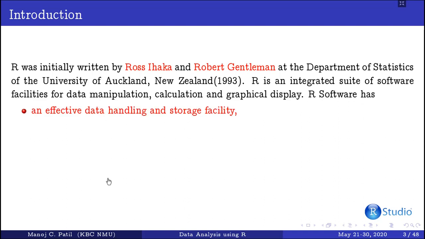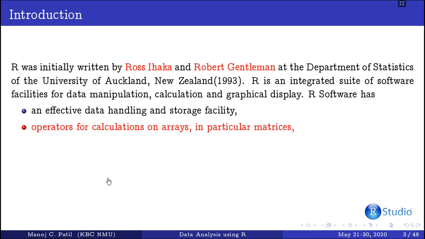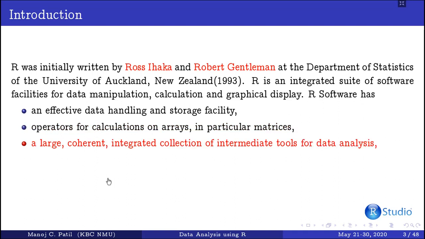R software has effective data handling and storage facilities. It has operators for calculation on arrays, vectors, matrices. A large, coherent, integrated collection of intermediate tools for various data analysis tasks.